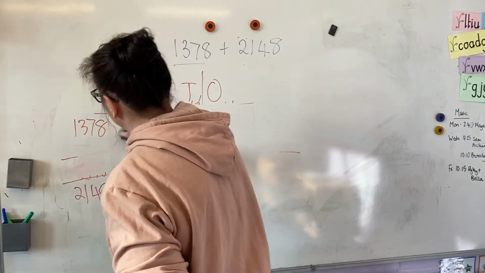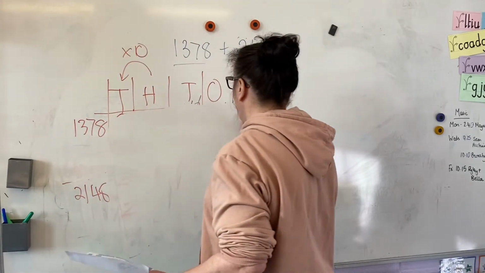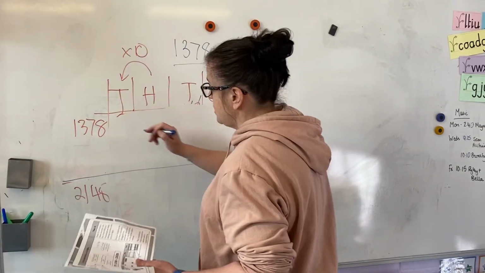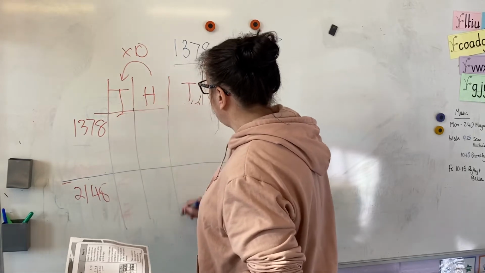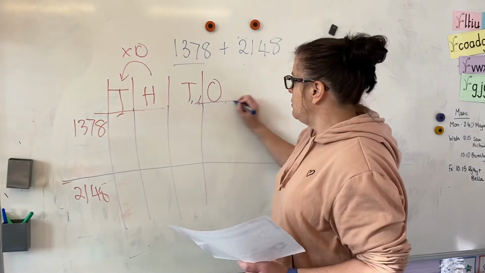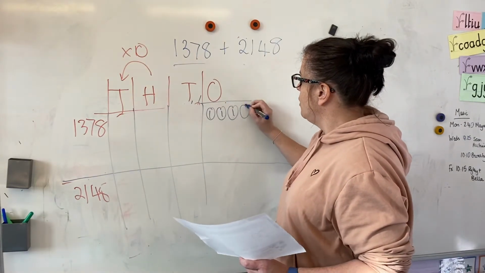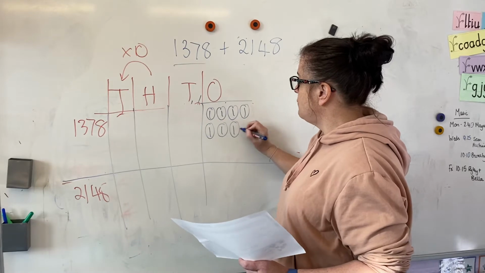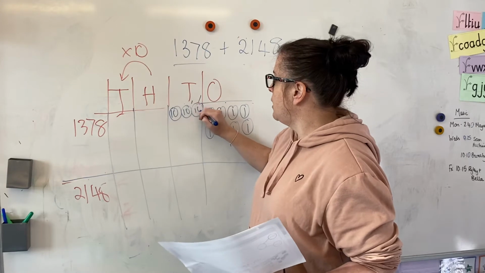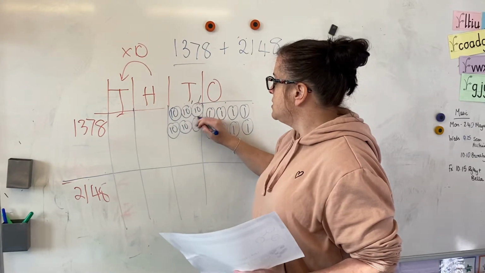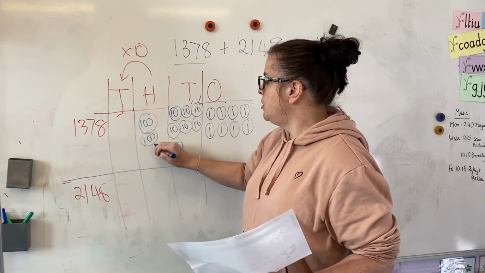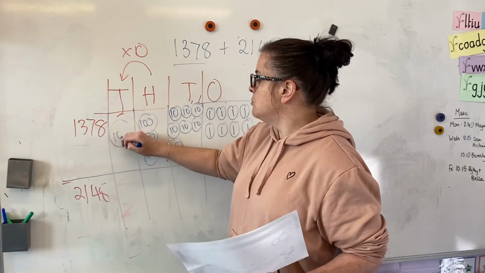Now, using exactly the same model, but with the place value counters. Again, like I keep saying, the children who need the counters in school will have them. Okay, and it's children of all abilities in maths who use those counters because it really helps underpin their place value knowledge. So, back to 1,378. So we've got 8 ones, 7 tens, 3 hundreds, and 1,000.